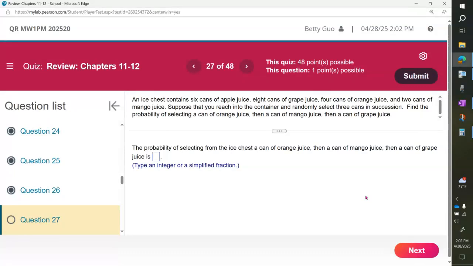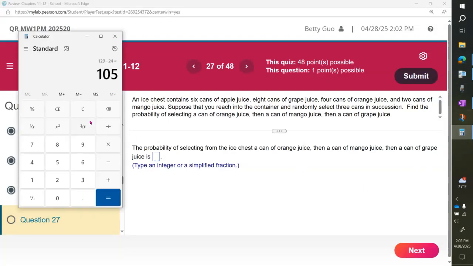Find the probability of selecting a can of orange juice, then a can of mango juice, and then a can of grape juice. This is also an application of the multiplication rule. We are finding a probability involving AND, and the case is dependent, same as the previous problem.